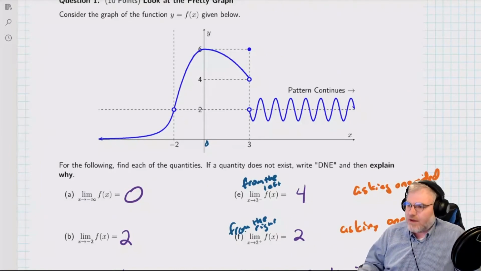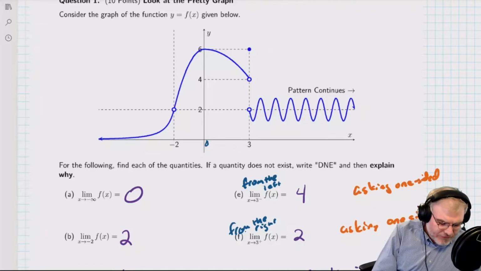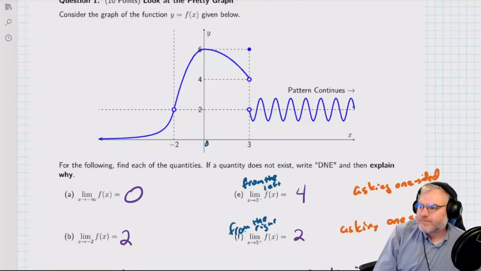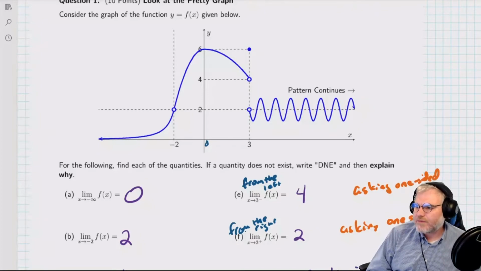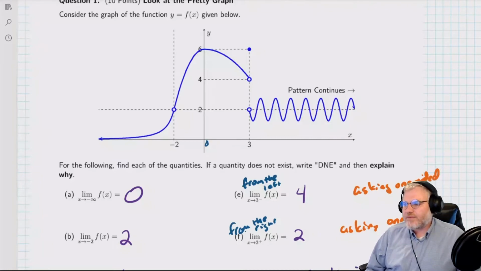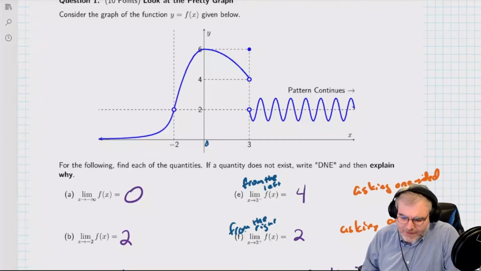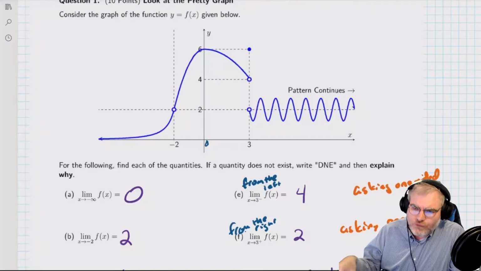Okay? So how do we feel about those? So this is question 1, parts A and B. How do we feel about those, 1 to 5? Right, I don't have to reach this value.